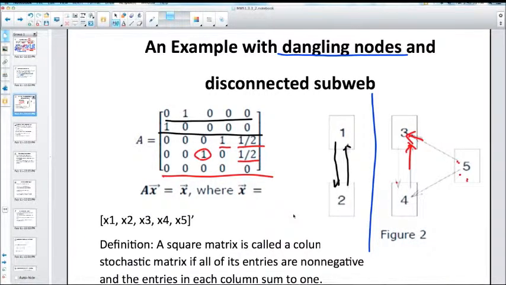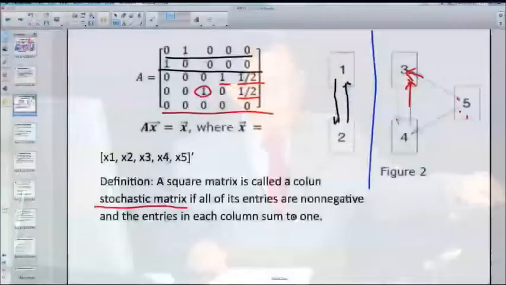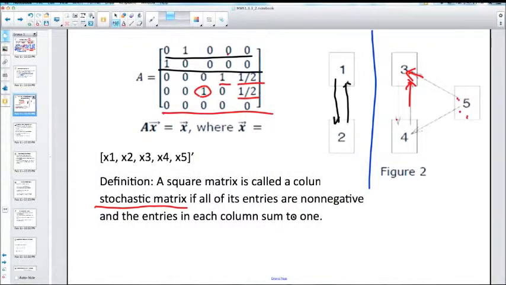But first, let's formally define what we call a stochastic matrix. You know, stochastic means probability. In that matrix, if you look at each column, it sums to 1. 1 in probability, of course, means 100%. In our previous discussion, we know that's just 1 vote for everybody. And if you vote for 3 people, each of these 3 gets 1/3 of your vote.